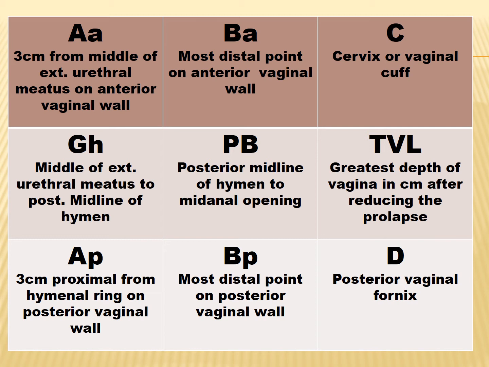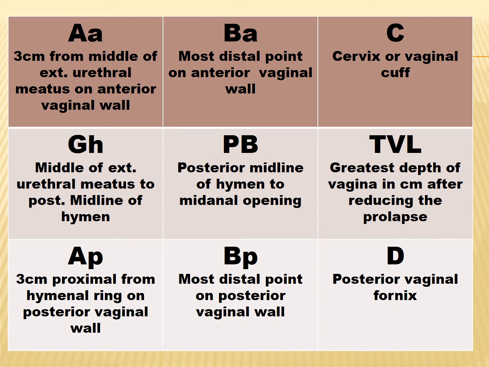So coming to the posterior vaginal wall points, that is point A on posterior vaginal wall, that is AP. AP is also 3 centimeters proximal from the hymenal ring on the posterior vaginal wall. So this is also a fixed point. This is also fixed and it's 3 centimeters and its range is minus 3 to plus 3. And why is it fixed? What is the reason? I'll explain it in the next slide.